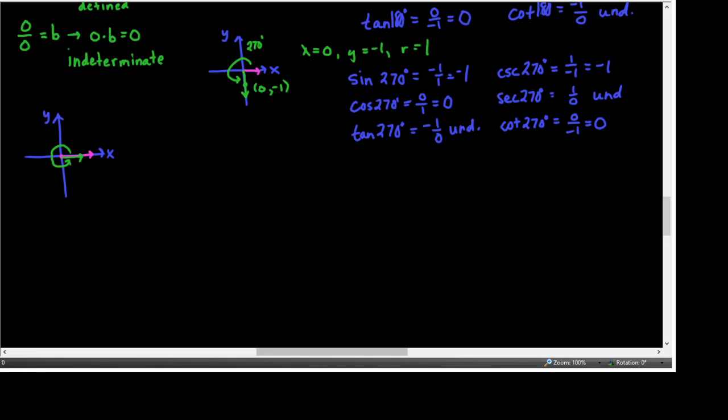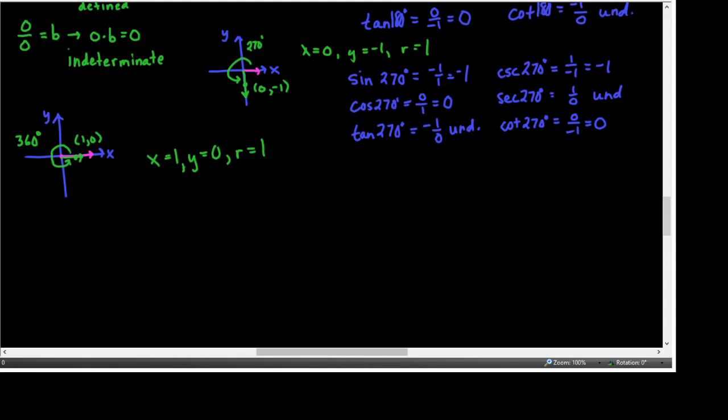So I'm going to call it 360 degrees. But the answers, if this were 0 degrees instead, would be exactly the same. So I need a point on that terminal side. I like 1, 0, which means that x is 1, y is 0, and you could calculate r, and it would be 1.